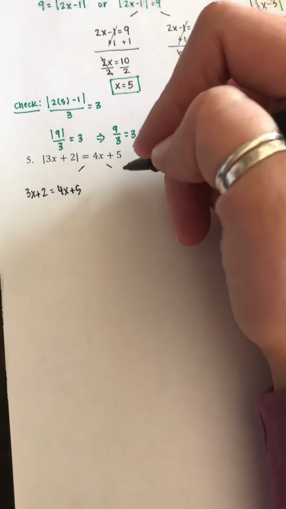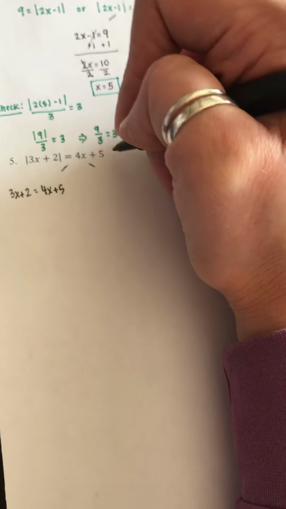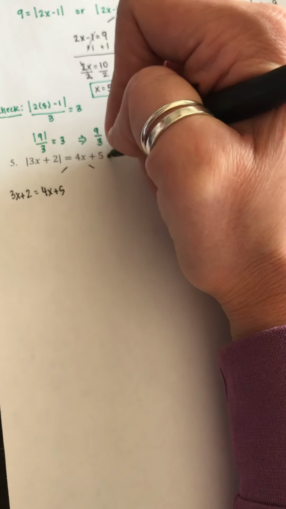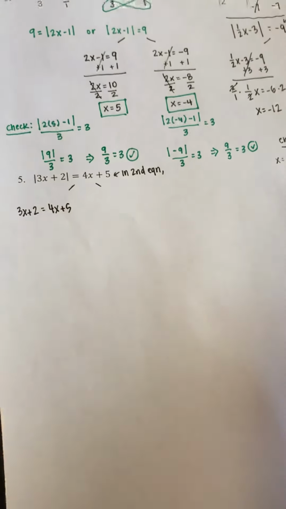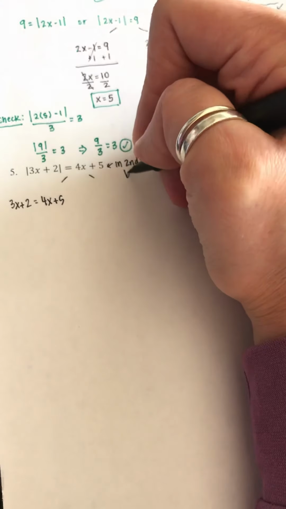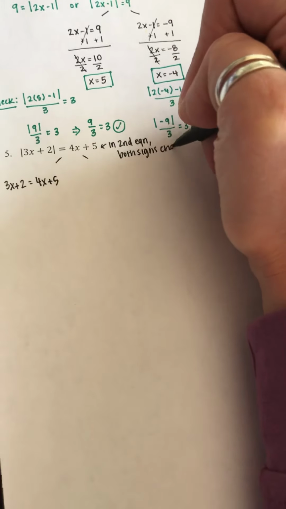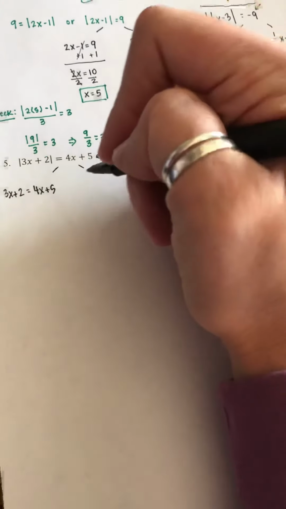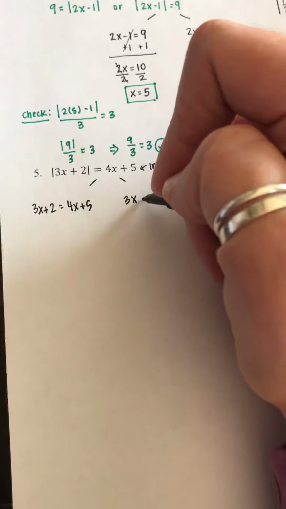But when I set up my second equation, this is going to be the same rule that we were using for the other ones. In the second equation, both signs of this binomial on this side of the equation have to change. So I'm still going to keep the 3x plus 2 exactly the way it is.